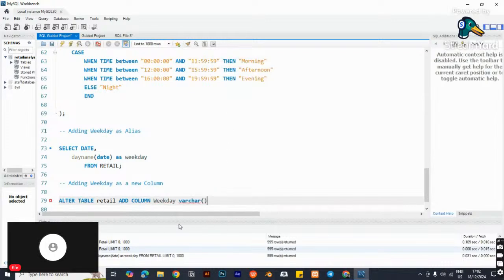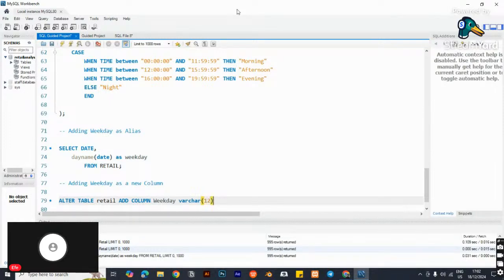Of how many characters? The longest name of the week is Wednesday, if I'm not mistaken. So we say 12 characters. Let's just use that because of space.